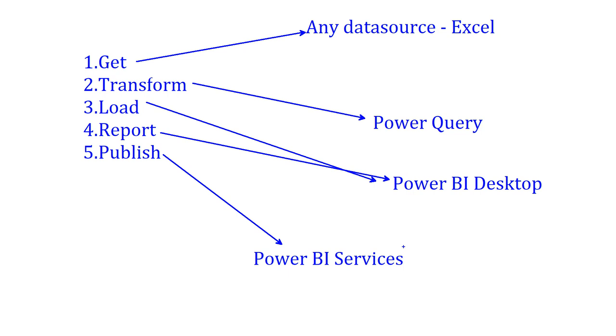But in Power BI, we have an option: after getting, straight away you can load it. You can skip the second one. But my recommendation is always follow the hierarchy. Even though there is an option available, sometimes you feel your data is 100% clean and clear, then you can go for loading.